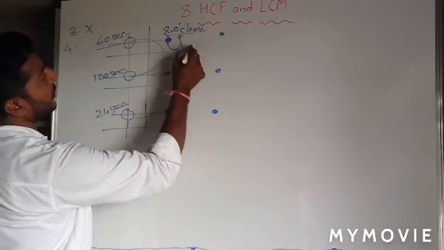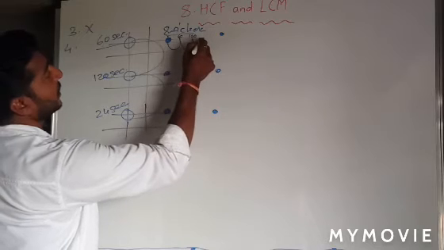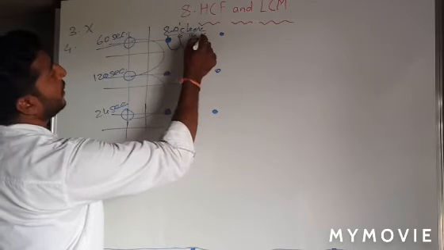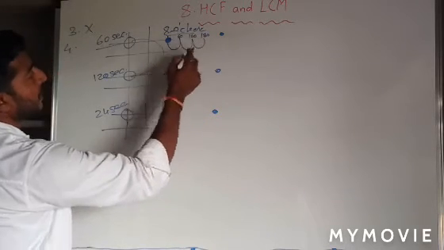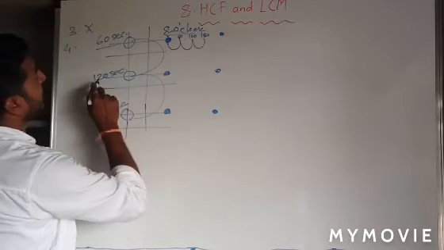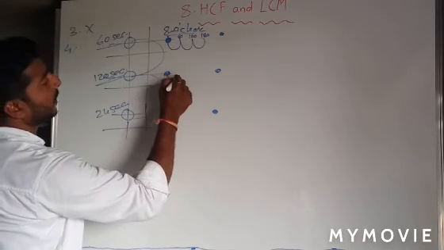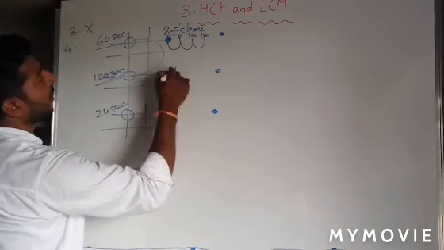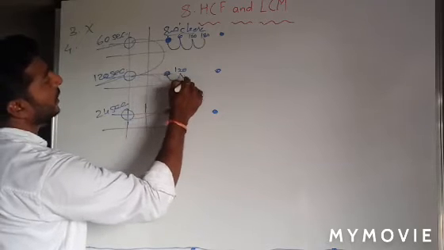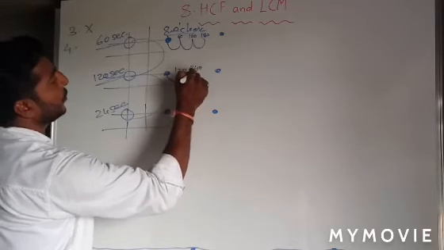So after 60 seconds it will get green, then after 120 seconds, then after that it will be 180 seconds. Here at 120 seconds it is getting green. So at first, at 8 o'clock, it is green. After 120 seconds it will be green, then it will be at 240.